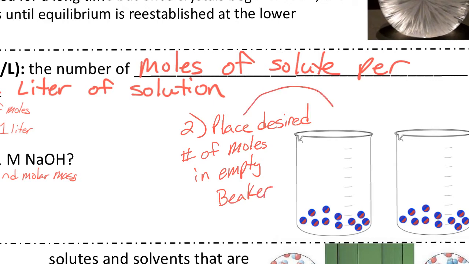So in this case, we're going to put in this beaker 40.00 grams of NaOH, because we want a 1 molar solution, and 1 mole weighs 40 grams.